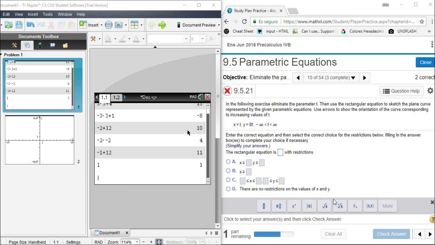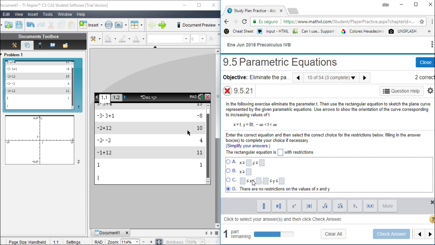What we need to know is that x is equal to t, it says here, so we know that y equals 8x. And we know that minus infinity is less than t, and t is less than infinity, so it could be any number. And that's why we know that there are no restrictions on the values of x and y.